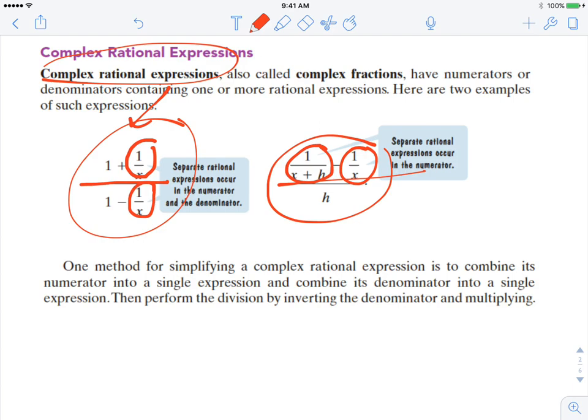So one method for simplifying a complex fraction is to combine its numerator into a single expression and then combine its denominator into a single expression, and then perform the division by inverting the denominator and multiplying. So that means keep, change, flip.